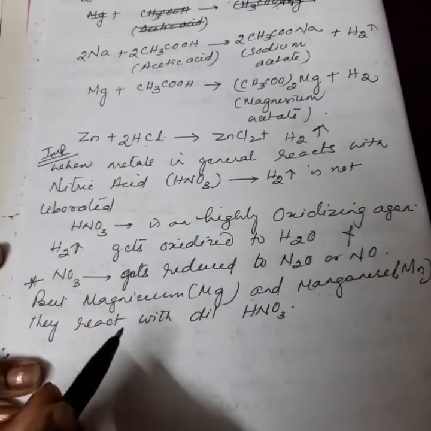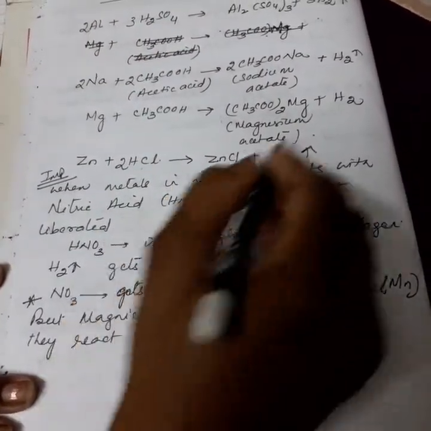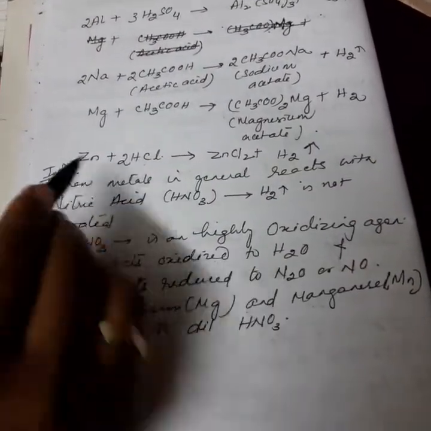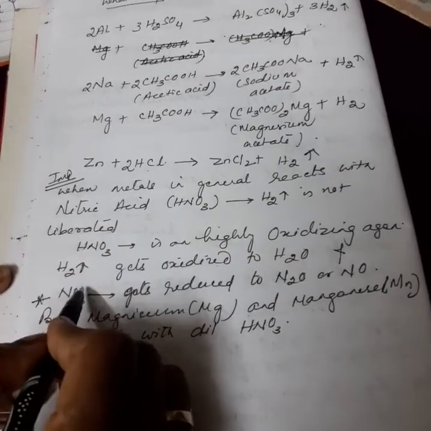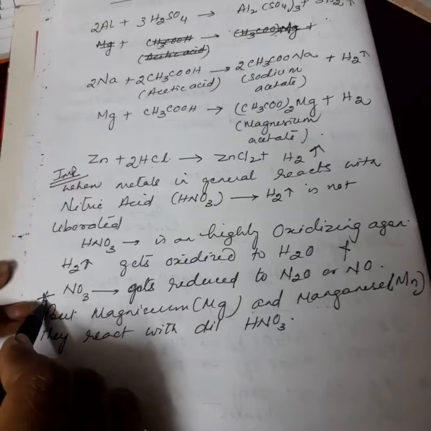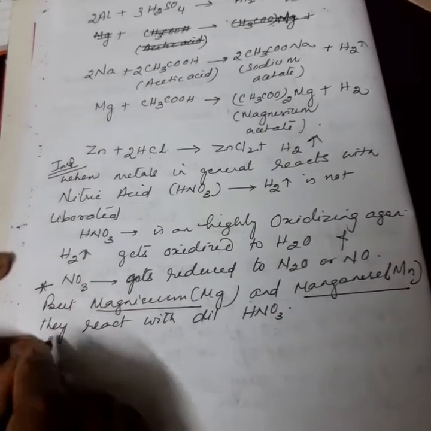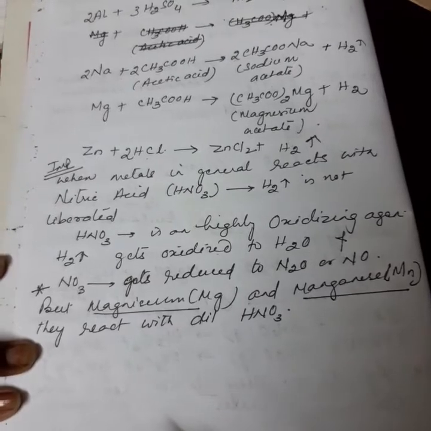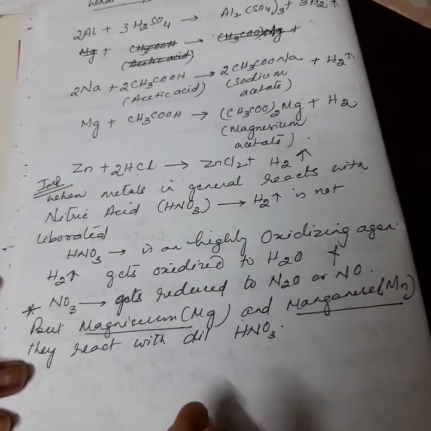Like in the first case, generally all metals react with other acids and give hydrogen gas, whereas they do not react with HNO3 to give hydrogen gas. We have seen the example. But for this also there is an exception, like magnesium and manganese. They react with dilute HNO3.